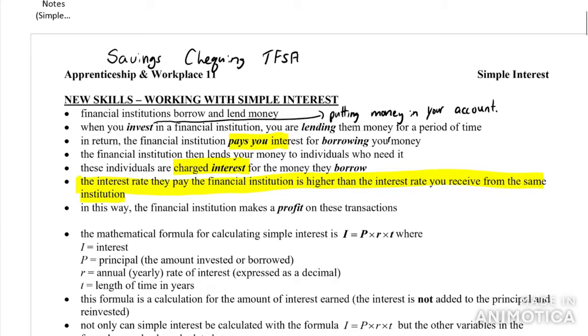So the person who's borrowing money will pay a much higher interest rate than what the bank will pay you. So because of that, if, say, you are getting 1% interest and the person borrowing money has to pay 5% interest, the bank is going to make a profit.